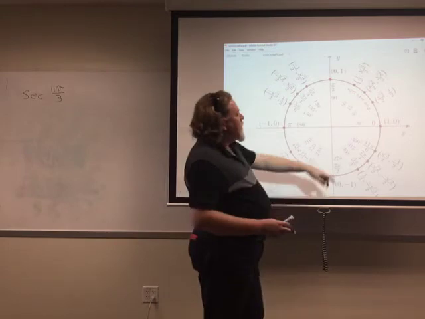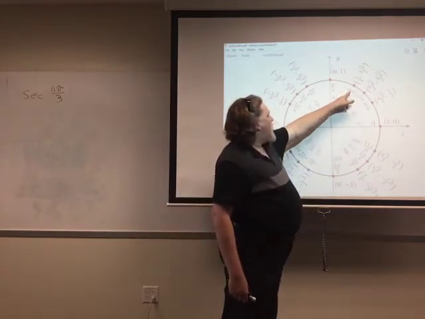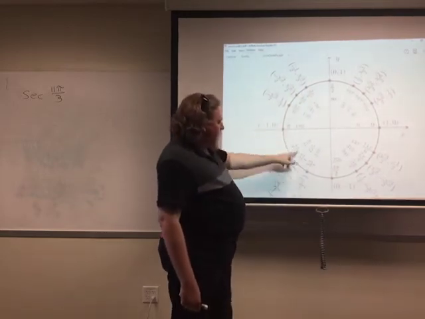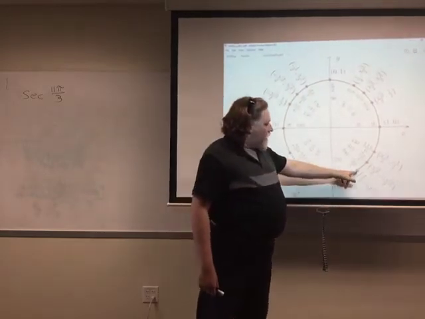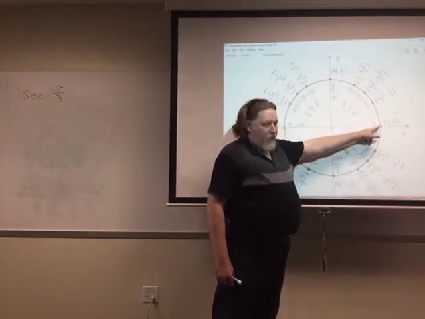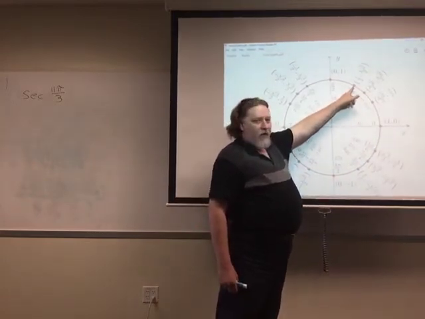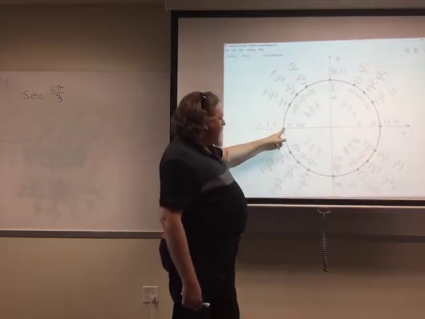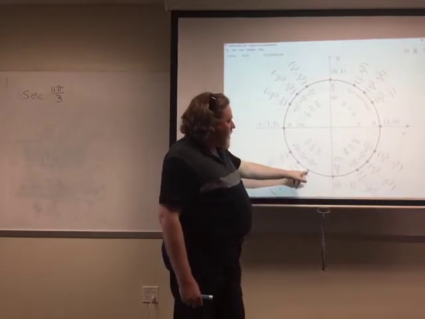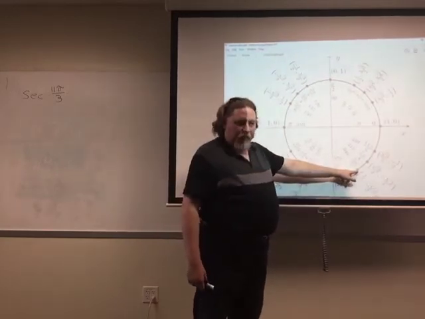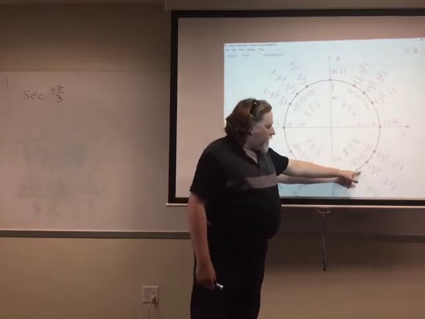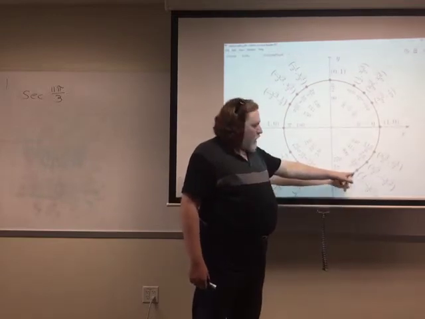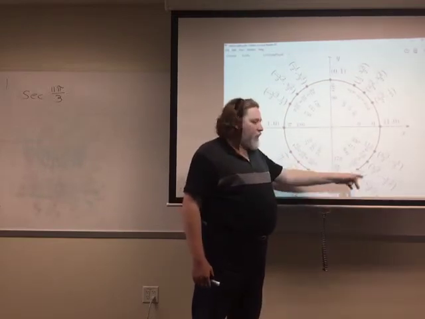My unit circle has 0 pi over 3, 1 pi over 3, 2 pi over 3, 3 over 3, 4 over 3, 5 over 3, 6 over 3, 7 over 3, you see how I've gone around but I'm still counting, 8 over 3, 9, 10, 11 over 3. So we see that 11 pi over 3 lands right here in quadrant 4, and it's the same location as 5 pi over 3.